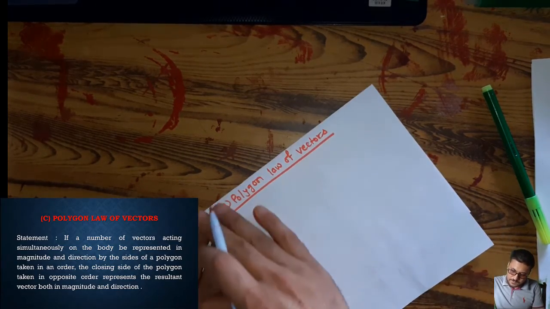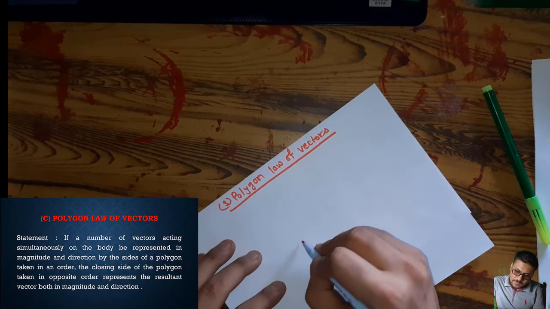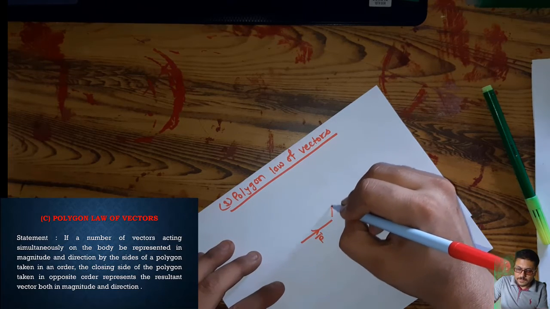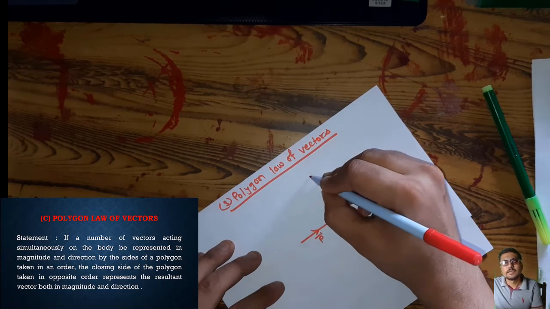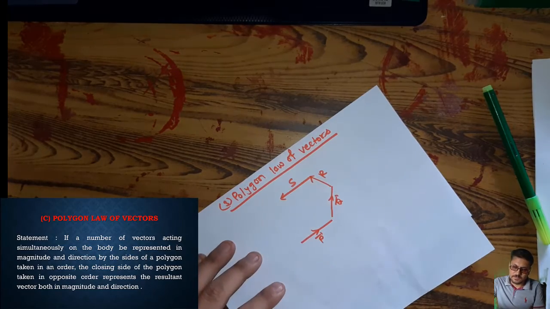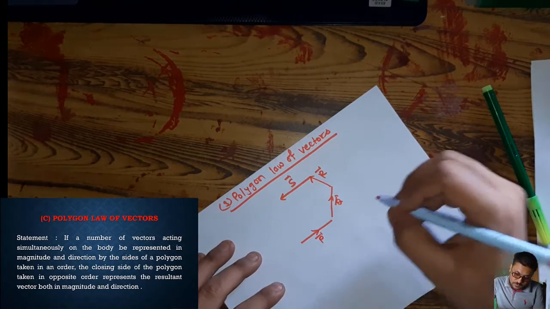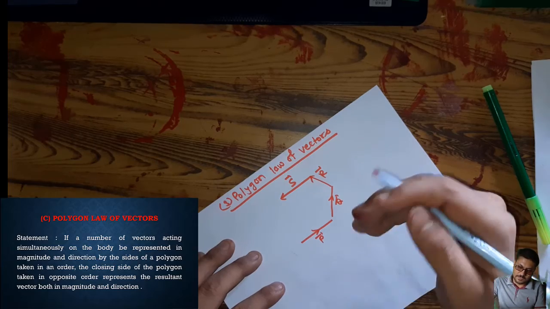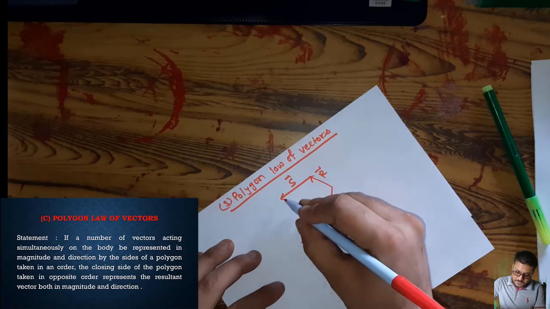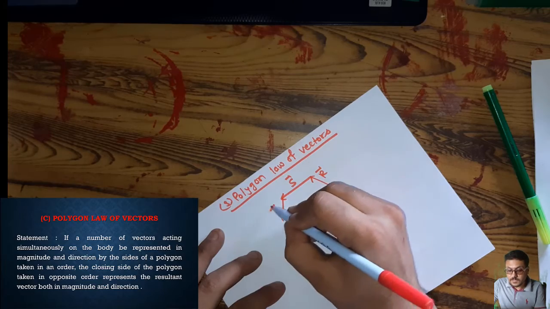It just has an explanation only. Let us say that this is a number of vectors: vector P, another vector Q, another vector R, another vector S. These four vectors P, Q, R, S are represented by the sides of this polygon, then T also.